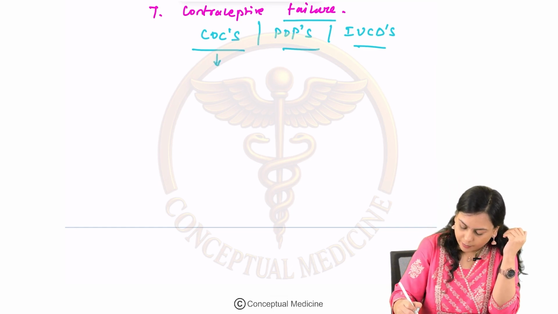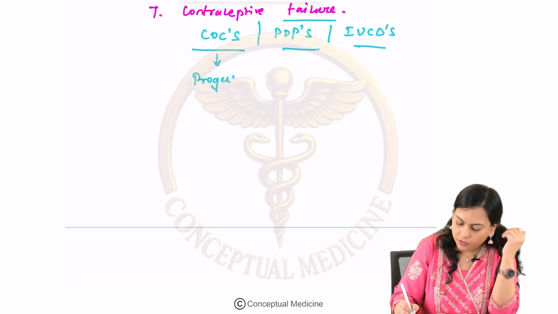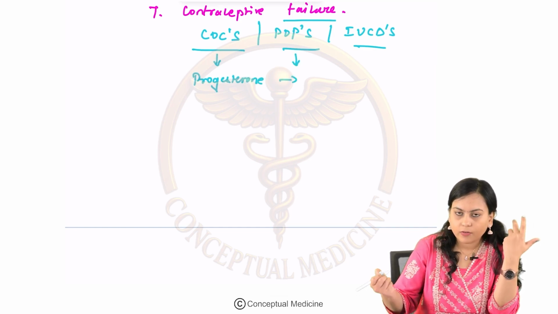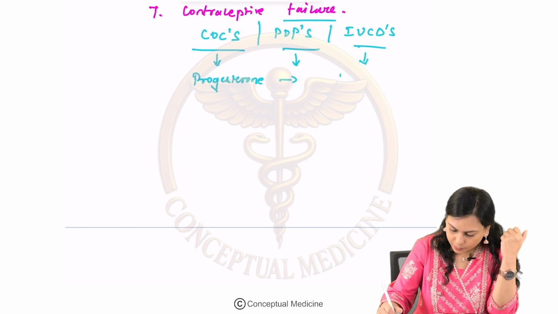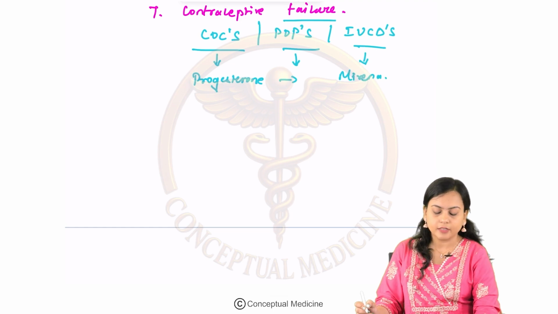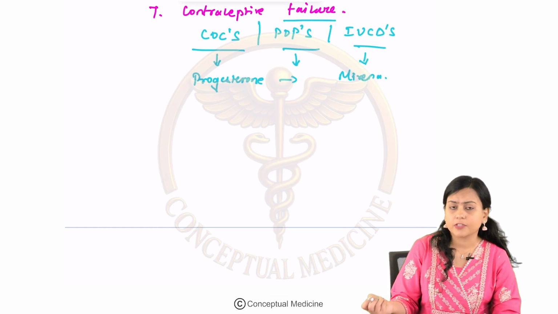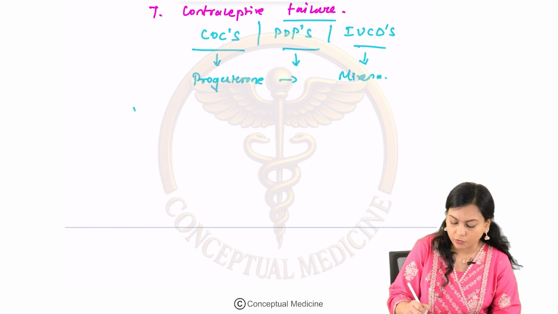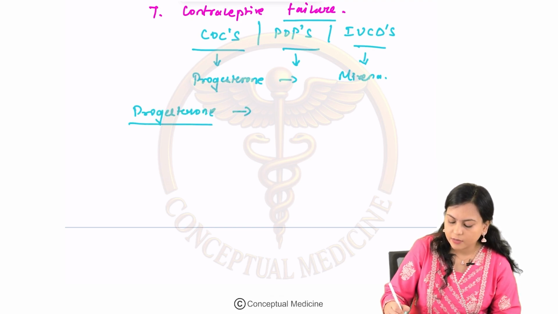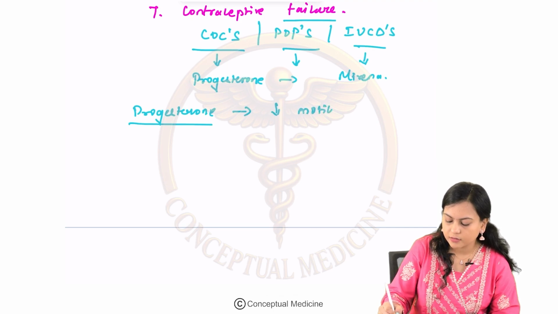There is a progesterone component in combined oral contraceptive pills. Progesterone, definitely in progesterone only pills. And IUCDs, especially the Mirena, there is a progesterone component. So what does progesterone actually do? Progesterone is going to reduce the motility of the tubes.